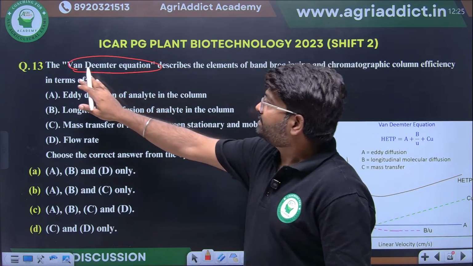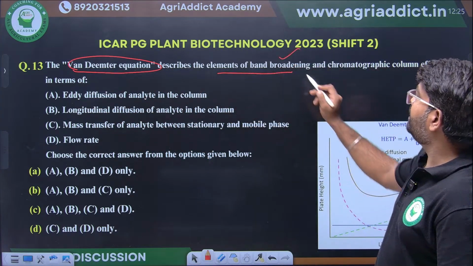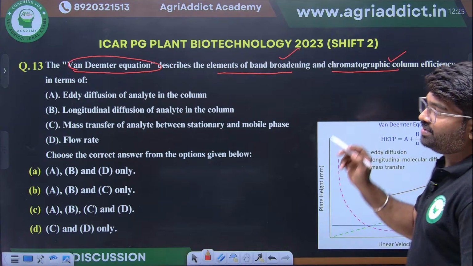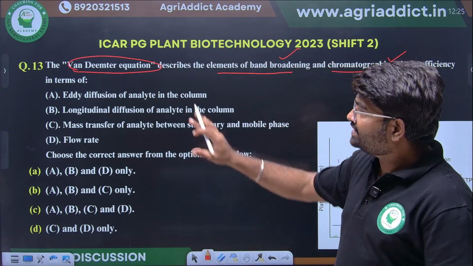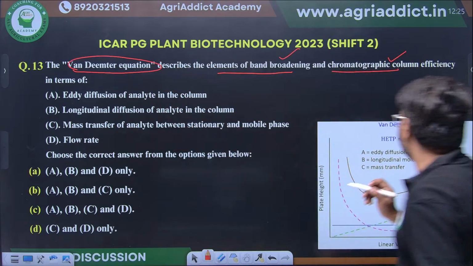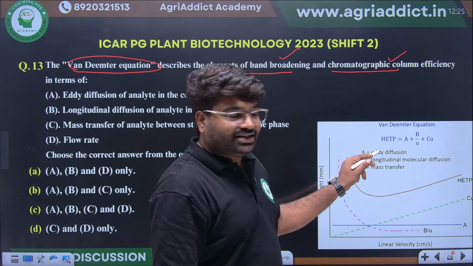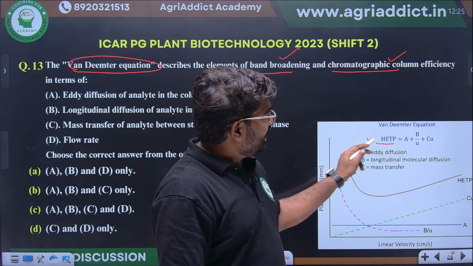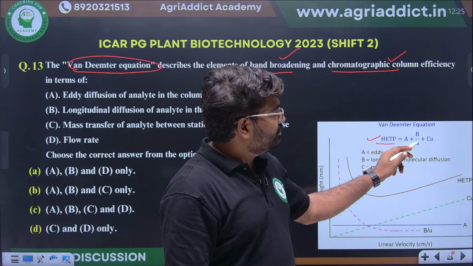The Van Deemter equation describes the elements of band broadening and chromatographic column efficiency. This is the equation for chromatographic column efficiency. Height equivalent to a theoretical plate, HETP, is equal to A plus B by u plus Cu.